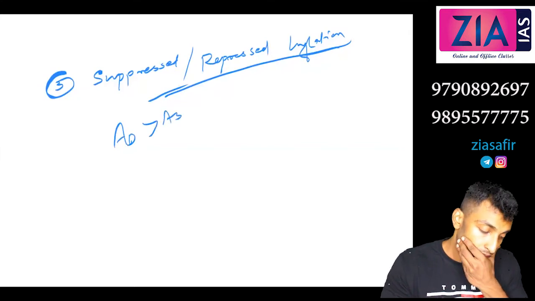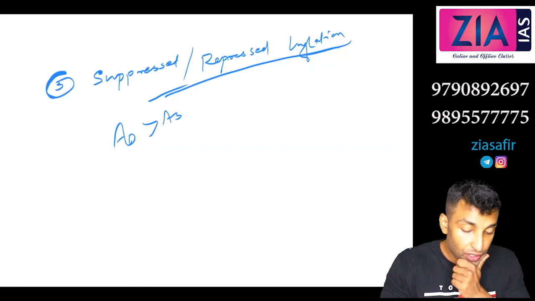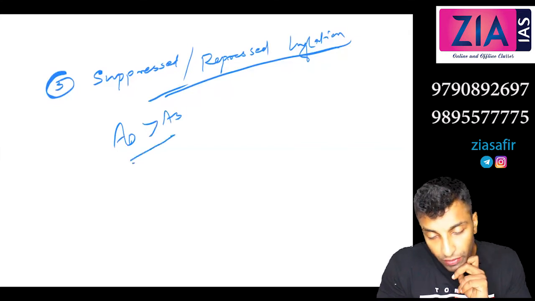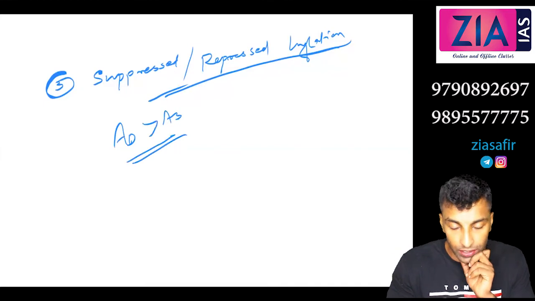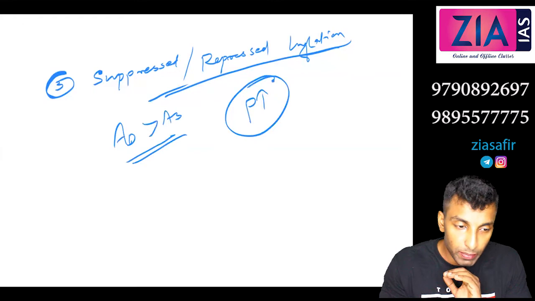But government prevents. So if demand is more than supply, what will happen? Price will increase or decrease? Increase. Price will increase. But what the government will do is prevent this increase.